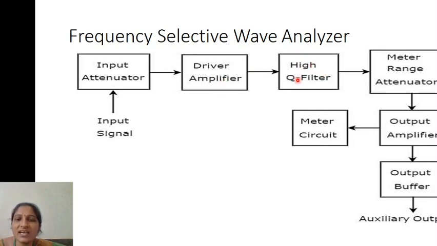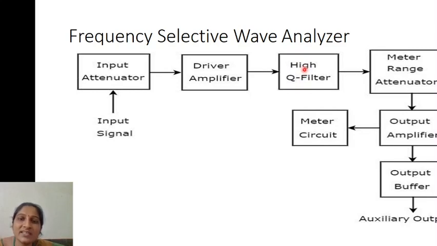This is then given to the high Q filter. The high Q filter has an RC circuit, so variable resistance and capacitance will be there. If you vary the resistance and capacitance, this circuit will be tuned to a particular frequency.